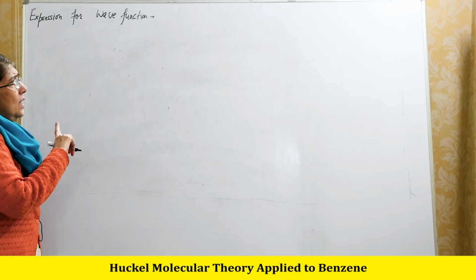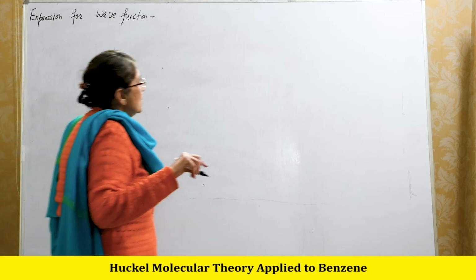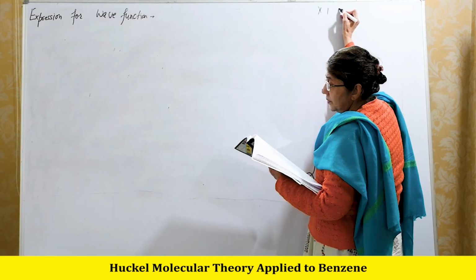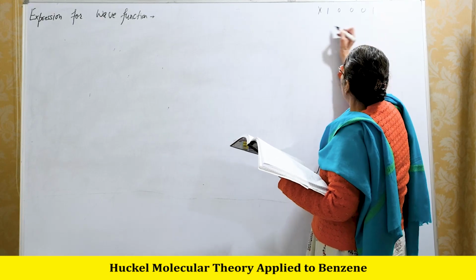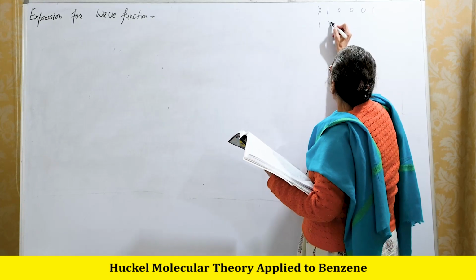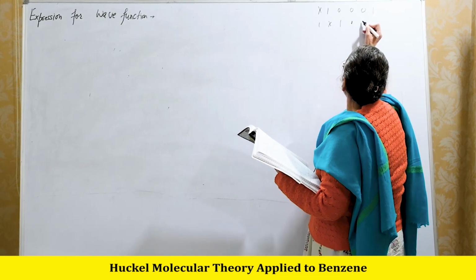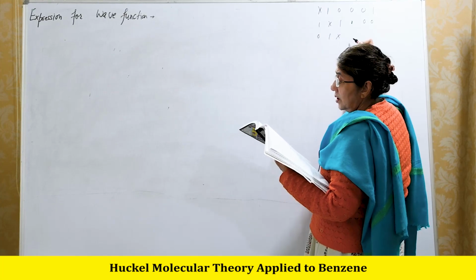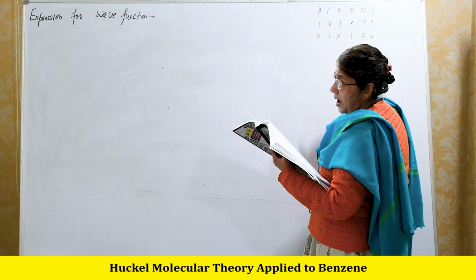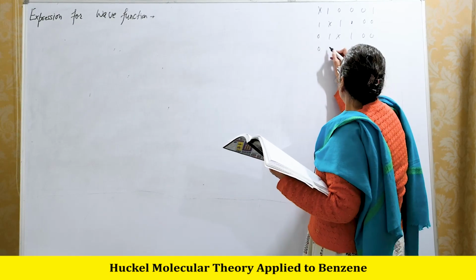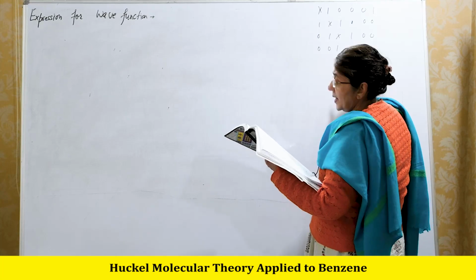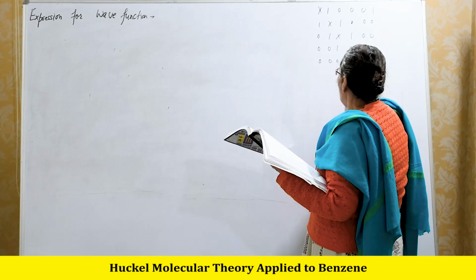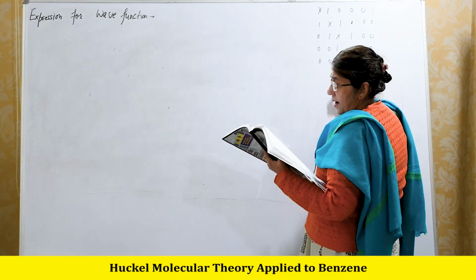Here I will calculate only for one, and these were our matrix rows: x 1 0 0 0 1, 1 x 1 0 0 0, 0 1 x 1 0 0, 0 0 1 x 1 0, 0 0 0 1 x 1, of 6 by 6 order.